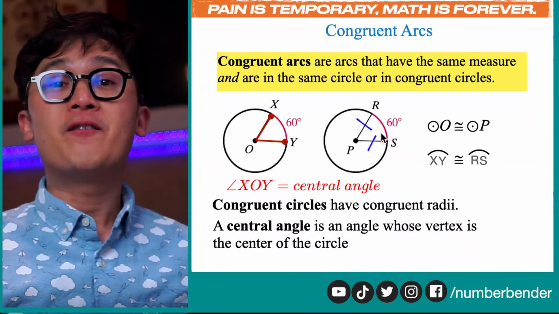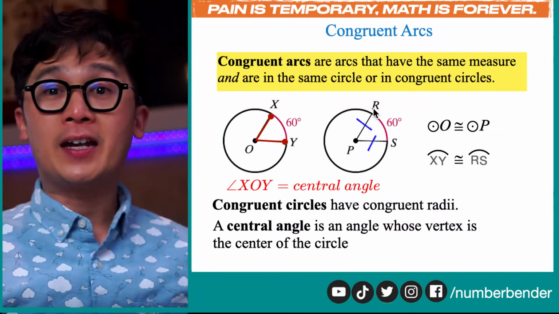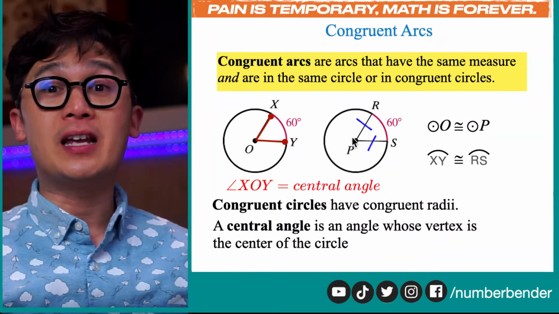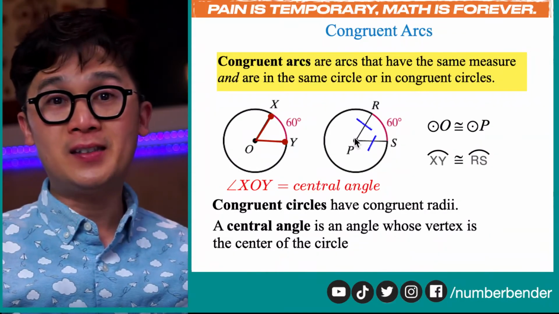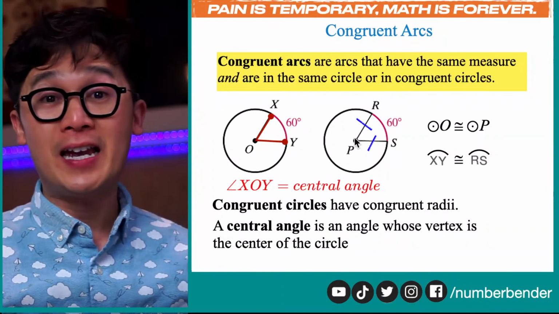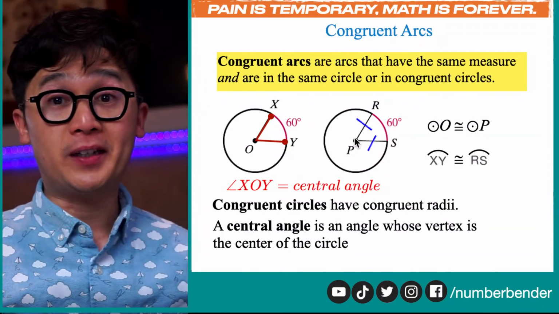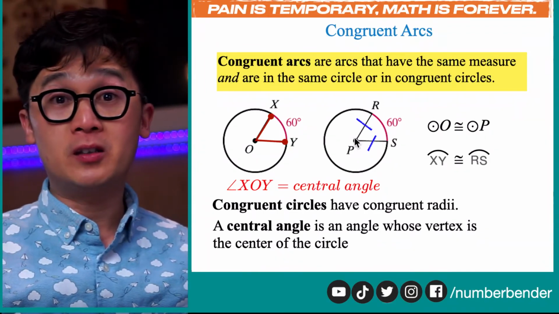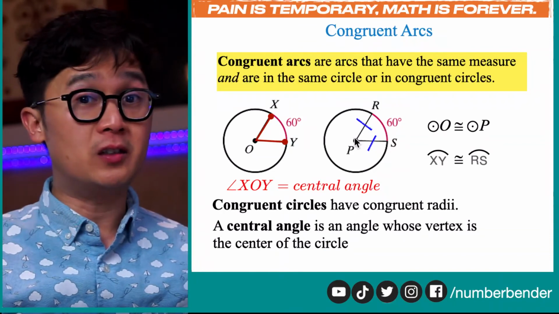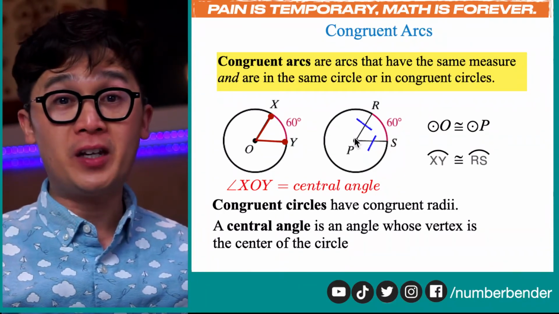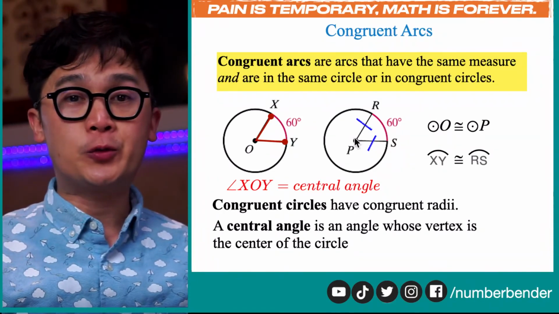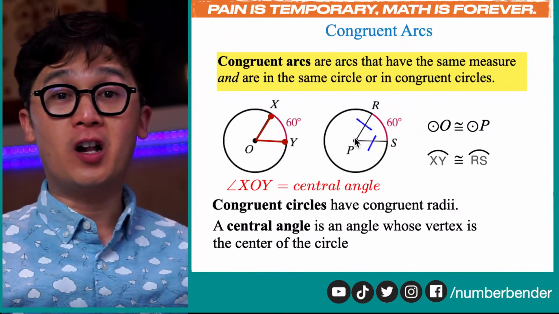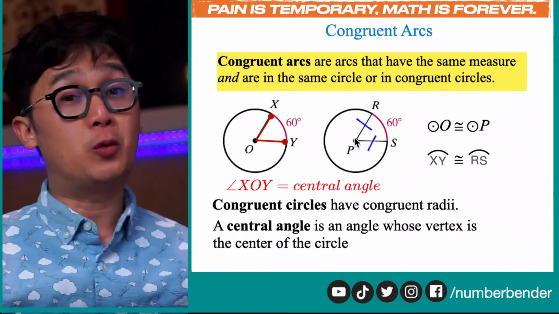Which means for circle P, angle RPS is also a central angle because its vertex is also the center of circle P. So again, it's important that we know the terminologies in circles and the parts of our geometric figures so that we'll be able to answer more problems in geometry involving this figure.